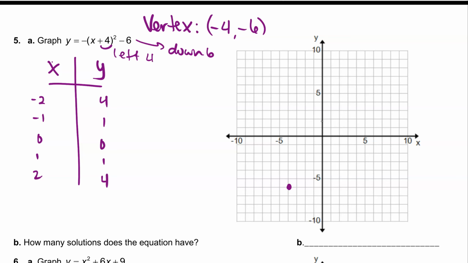Okay, so let's find the table. I'm going left by 4, so I subtract 4 from each of my x values. I'm sorry, you can't read these numbers.